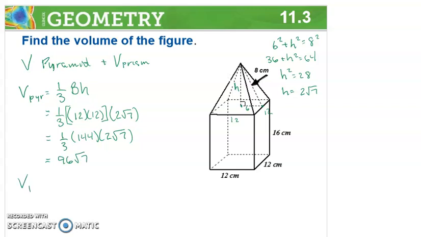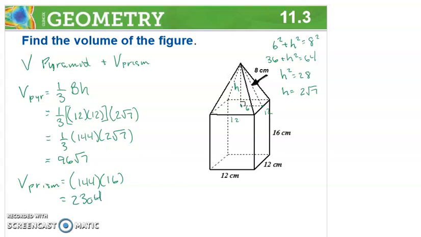The volume of the prism is the area of the base, which is 144, times the height, 16. So this is 2,304.